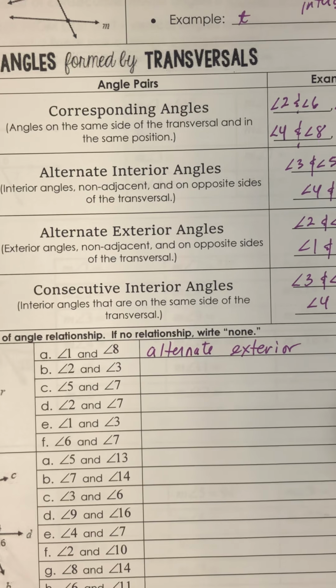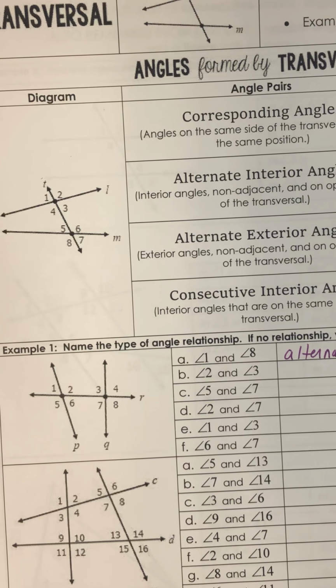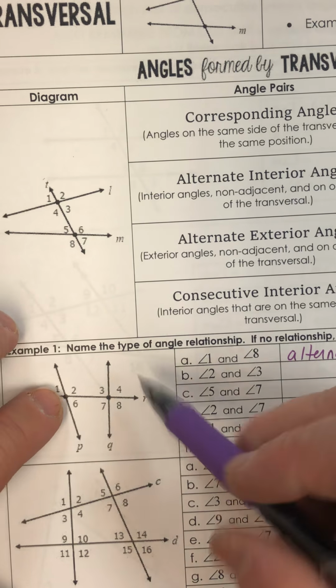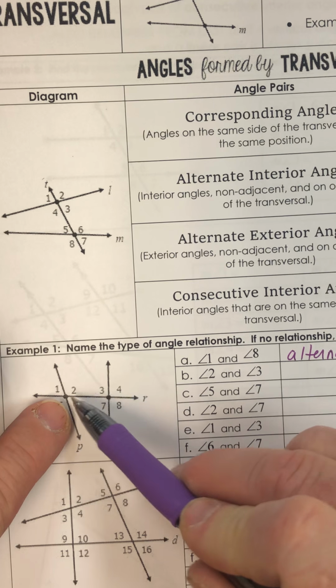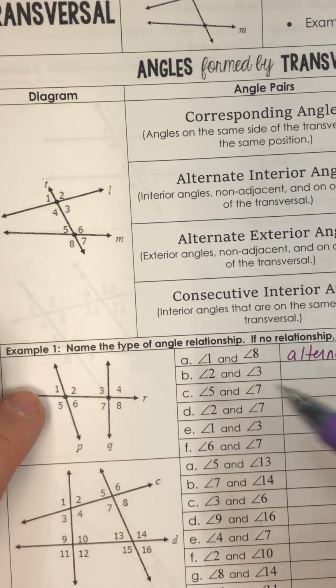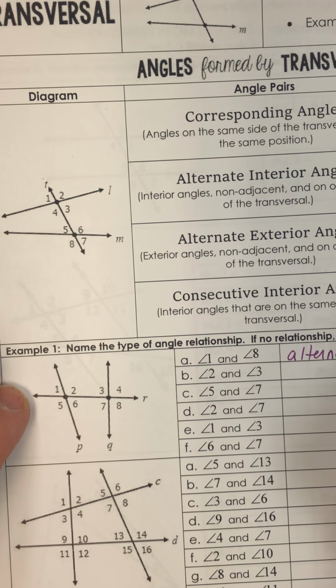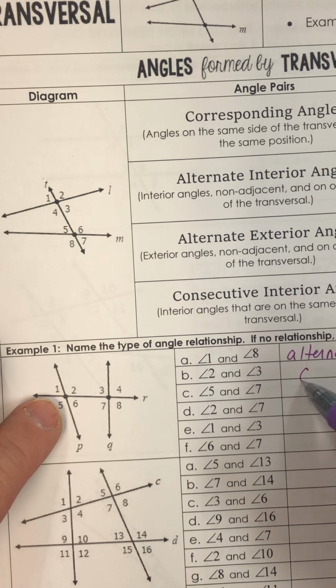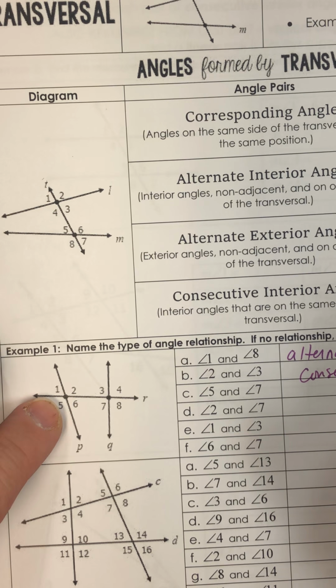Look at the next one, 2 and 3. They're on the same side of the transversal, they're inside, so that is consecutive interior.